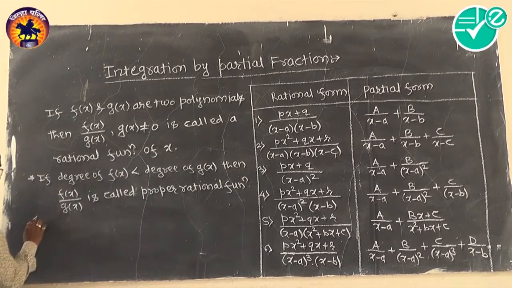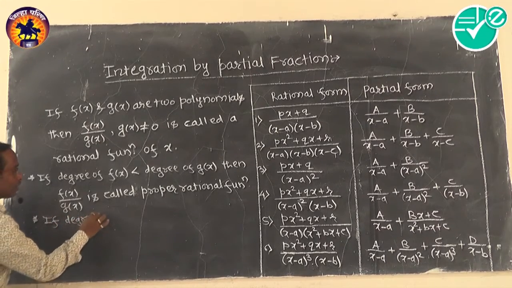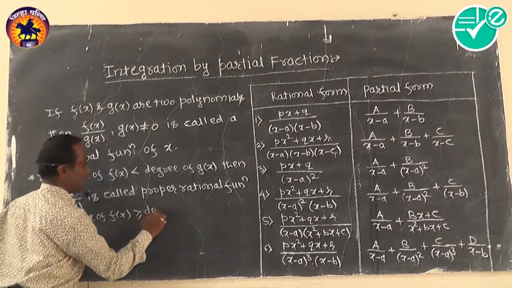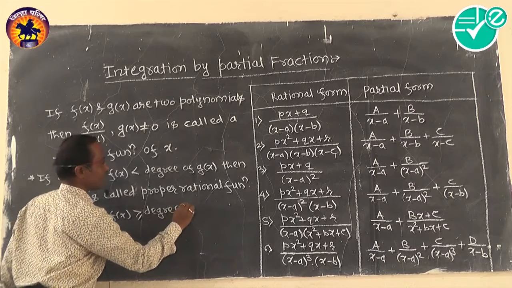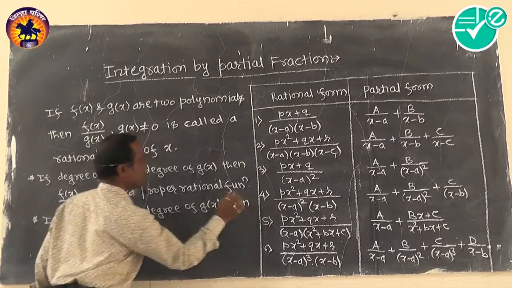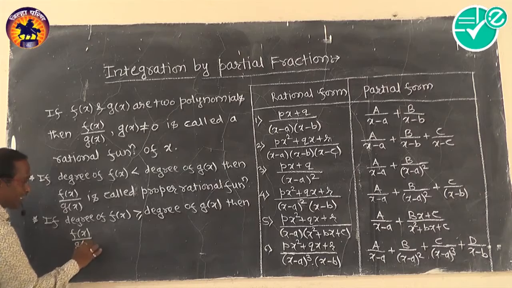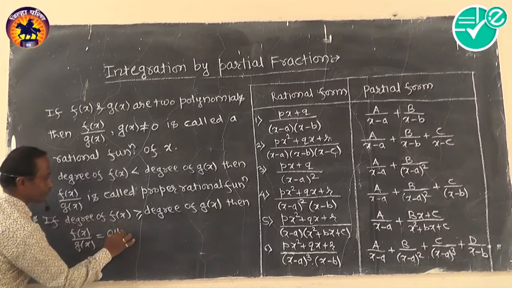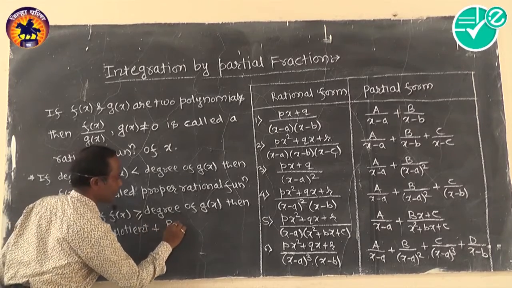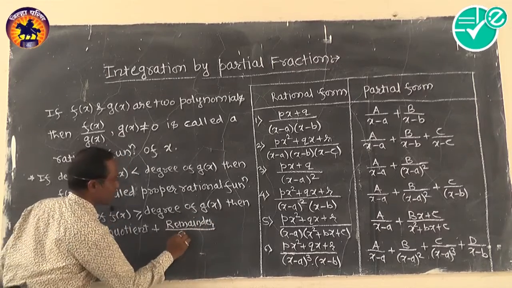If the degree of f of x is greater than or equal to the degree of g of x, then f of x upon g of x can be written as quotient plus remainder divided by g of x.